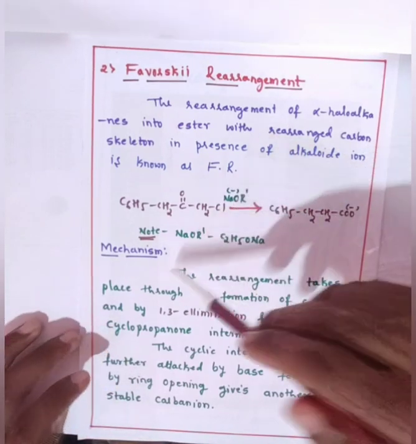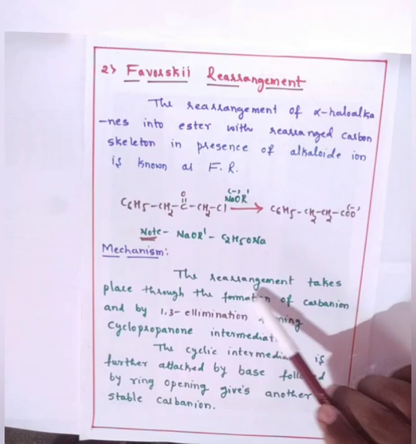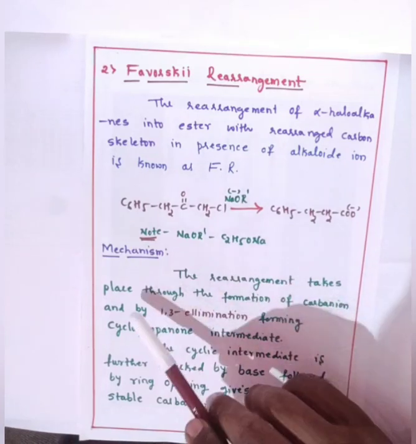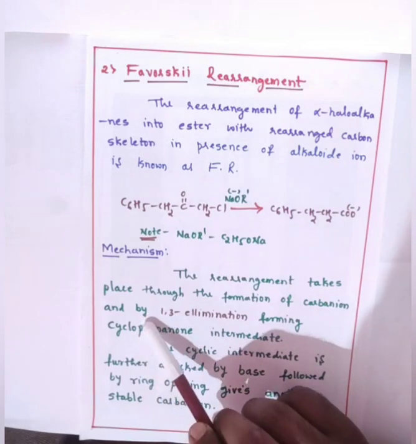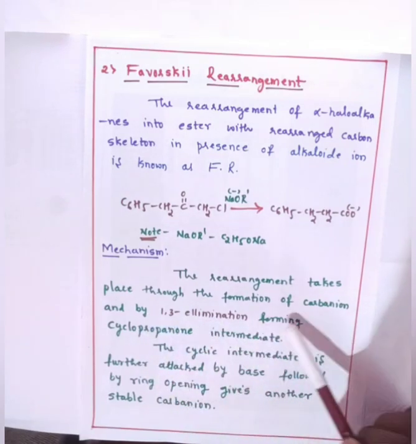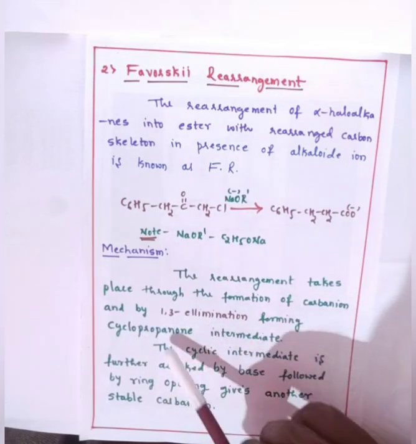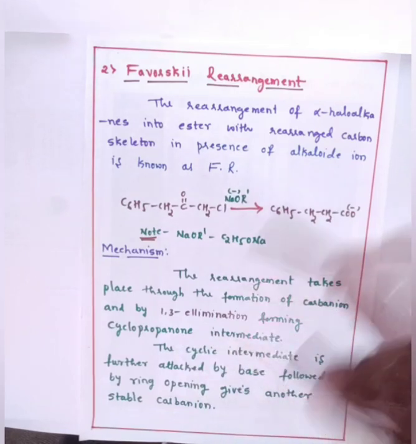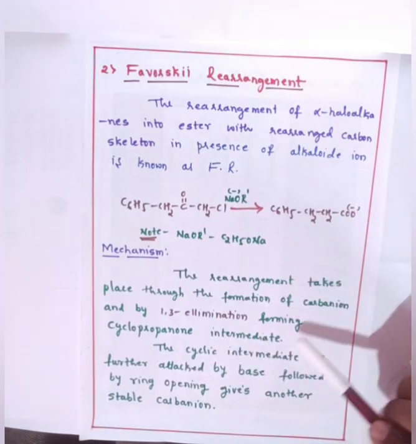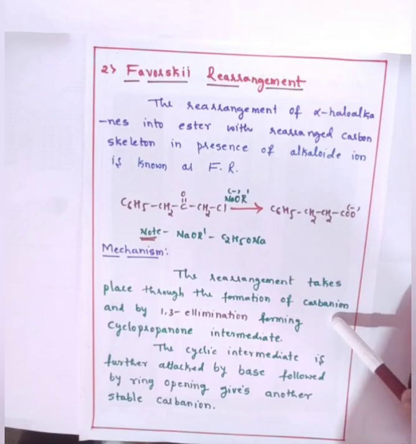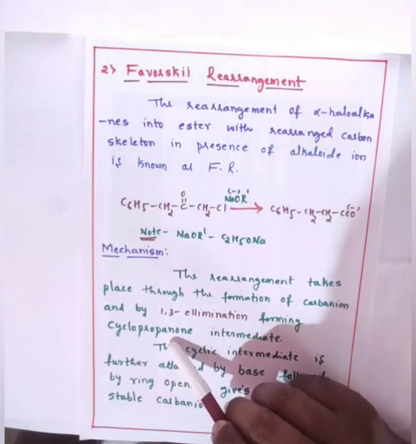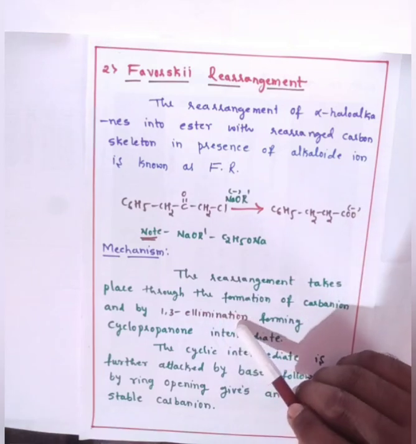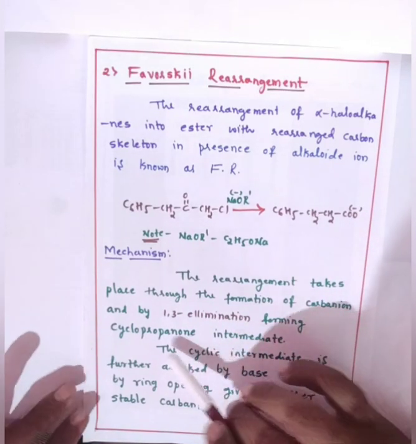Mechanism: the rearrangement takes place through the formation of a carbanion and, by 1,3 elimination, forming a cyclopropanone intermediate. The carbanion forms the cyclopropane ring through 1,3 elimination as an intermediate.